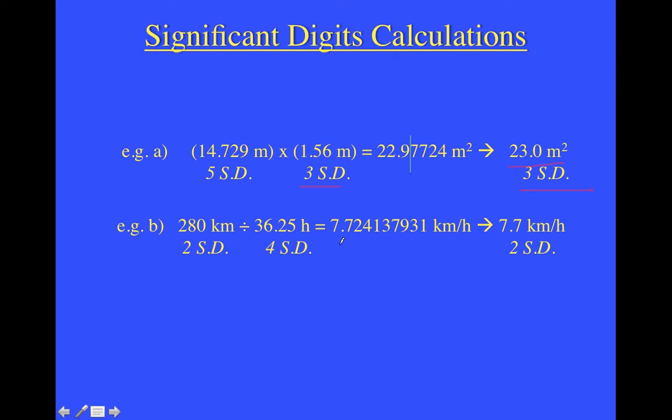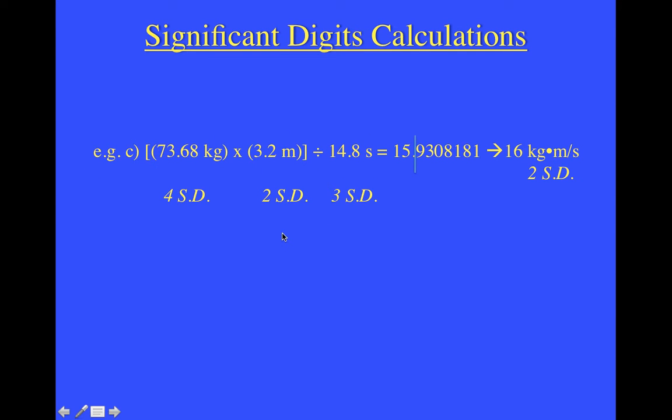Our calculator belches out this crazy number, and we say, hey, 2 sig figs, we got to go hi-ya right there. And so here comes our hi-ya. It came right in there. The 2 rounds down, so it stays at 7.7 kilometers per hour. Again, units we'll worry about more later, but getting the right number of sig figs is what this is focusing on.